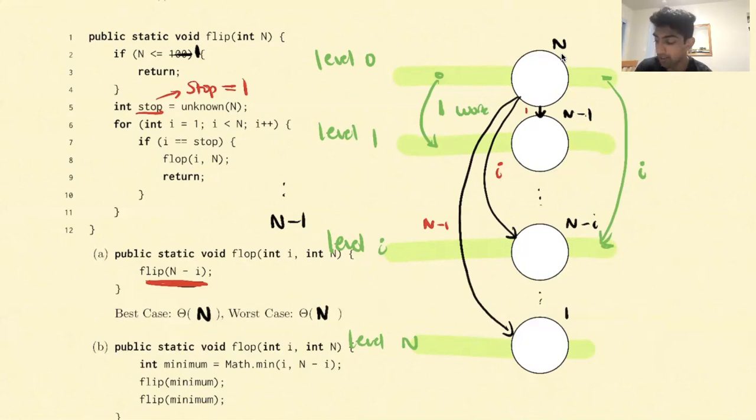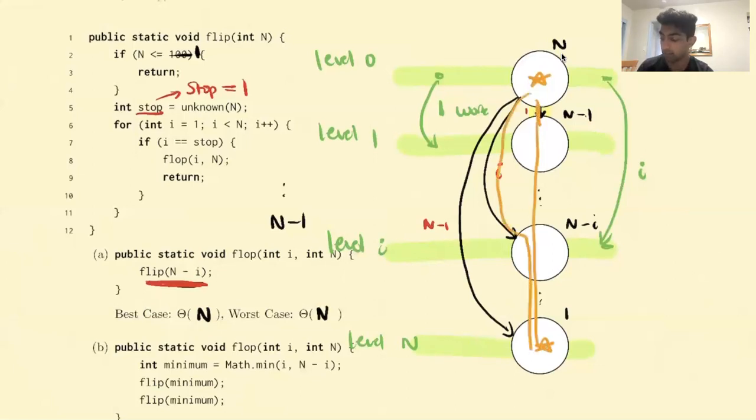So finally, summing up this problem, if we look at all possible ways to get from this top to this bottom, all possible paths, right? There are so many different ways of getting there. We look at all of these paths, we will see they will all be of total weight n, right? What I'm saying is that the total amount of work that we do along all of these paths is always going to be n work.